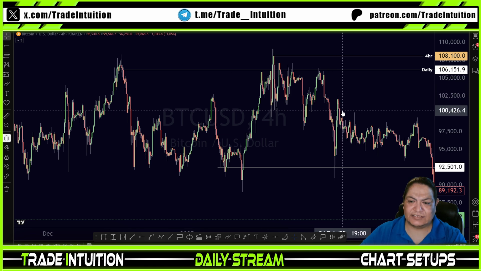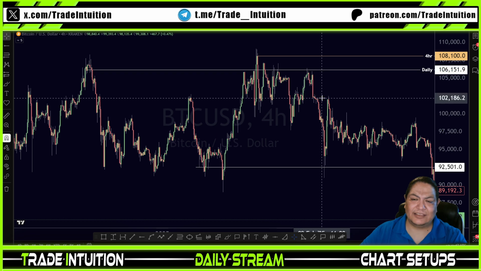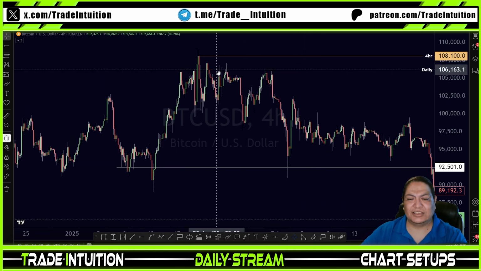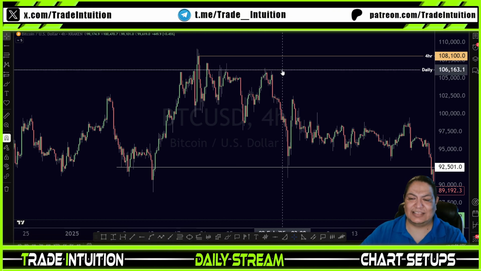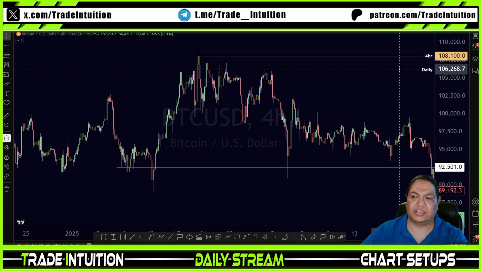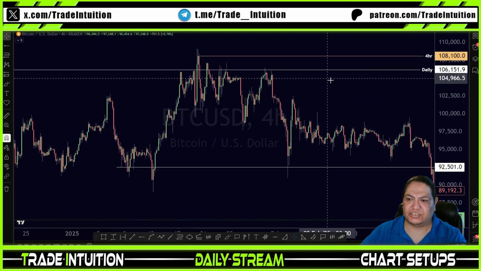Now what it does is create this zone right here. If the price does come up here, because of our different time frames and levels, we know this daily is very strong. The higher the time frame, the stronger the support resistance, the stronger the trend lines, the stronger the divergence, the stronger everything, your moving averages, everything.